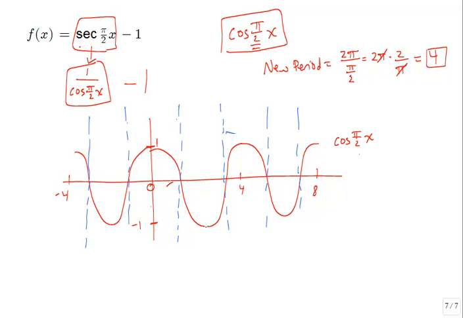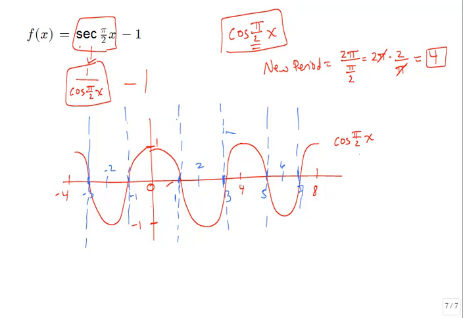Since this min is halfway between 0 and 4, that would be at 2, this is at 1, and this is at 3. So these are just happening at every integer: -1, -2, -3, -4. You could put in a few more details in that scale if you want.